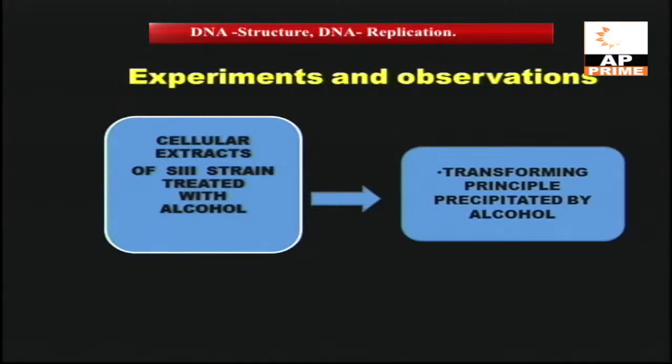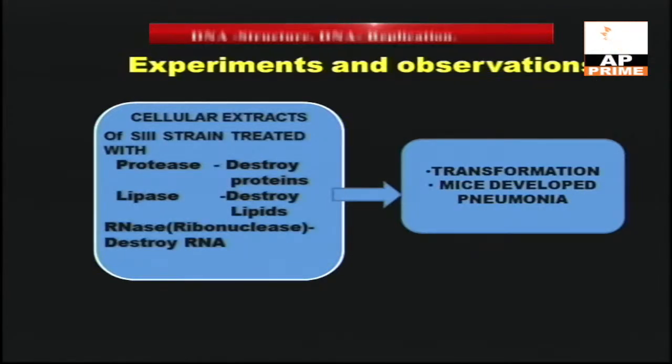First, the cellular extracts were mixed with alcohol. They observed that it got precipitated by alcohol. In the second part of the experiment, the cellular extracts of S3 strain were subjected to treatment with protease enzymes, lipases and RNases and injected into mice. It could cause transformation.